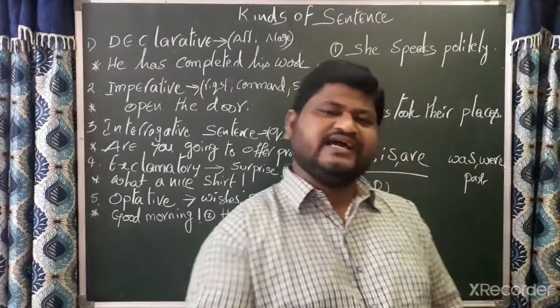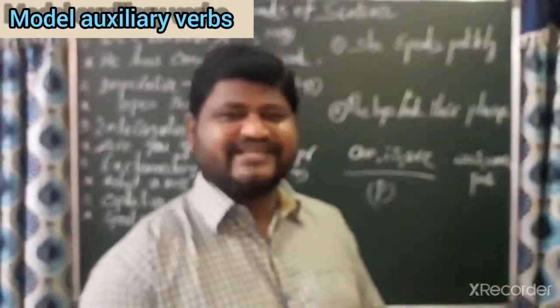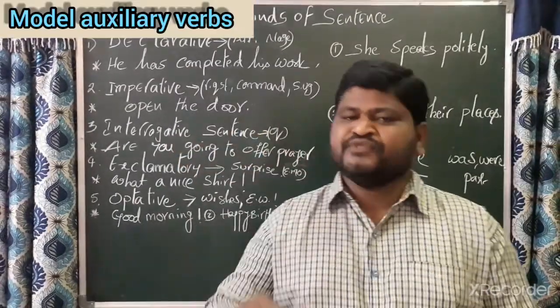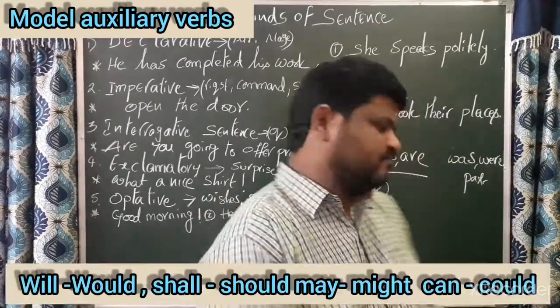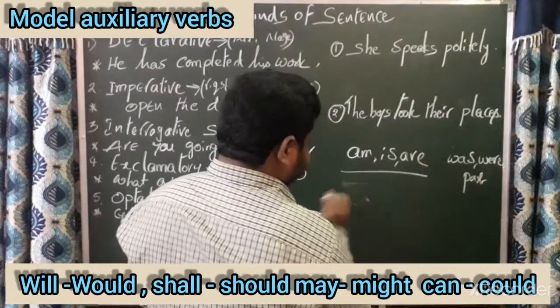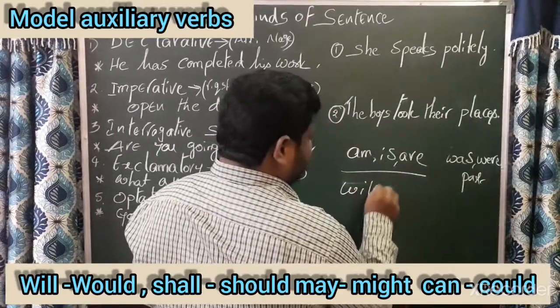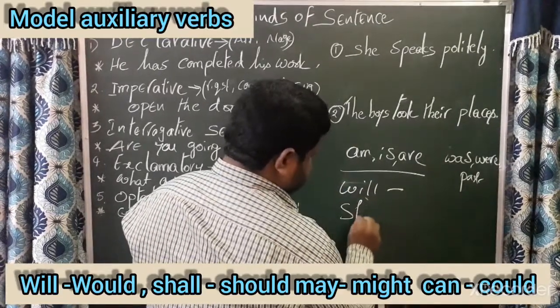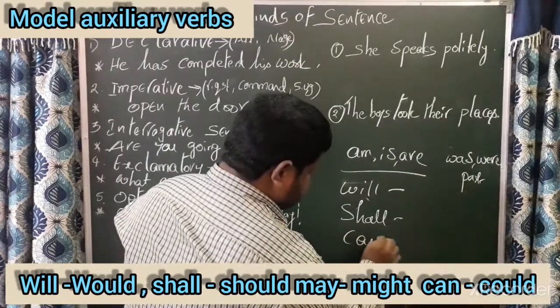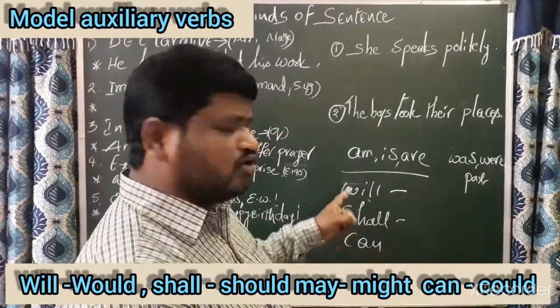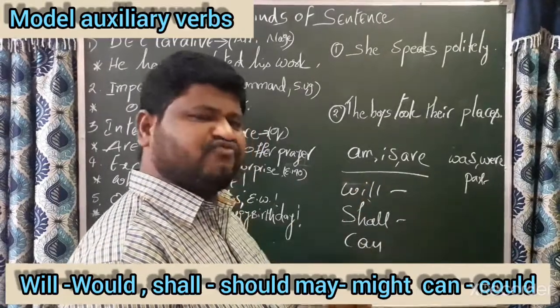And next, the modal auxiliary verbs. The modal verbs: will, shall, and can. This is also a modal auxiliary helping verb, friends.